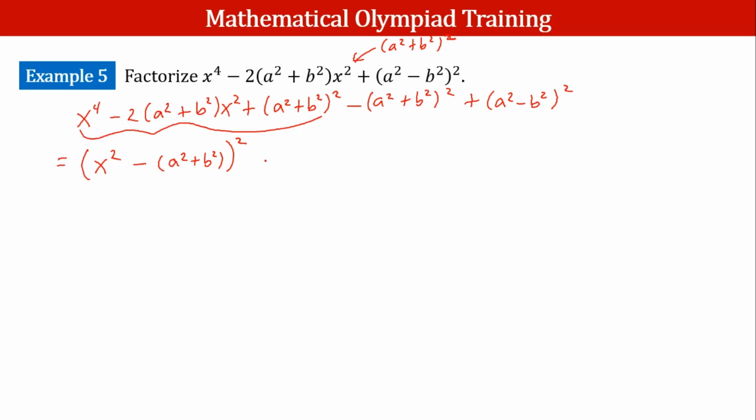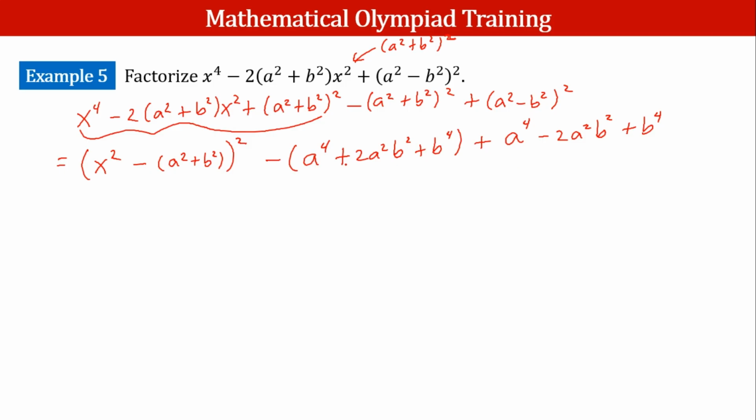Okay, what I mean is that we will have a raised to 4 plus 2a squared b squared plus b raised to 4, plus a raised to 4 minus 2a squared b squared plus b raised to 4. Now, if we distribute the negative sign in the second group of terms, we actually cancel a raised to 4 and b raised to 4.